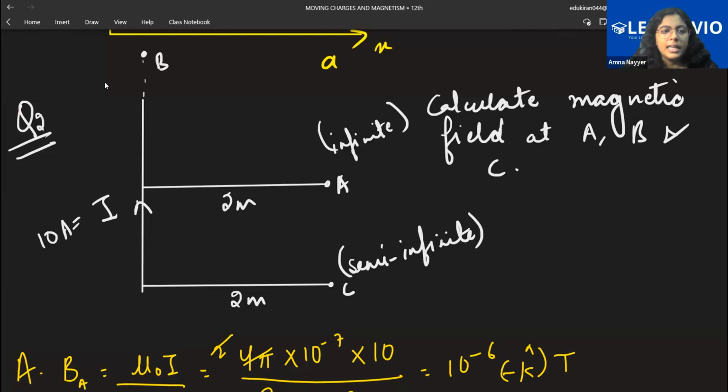Why? Class, can anyone tell me, without any calculations, according to you, at B point what should be the magnetic field? Anyone? Just a hint, use Biot-Savart's law only. Biot-Savart's law will give you the conclusion for that.